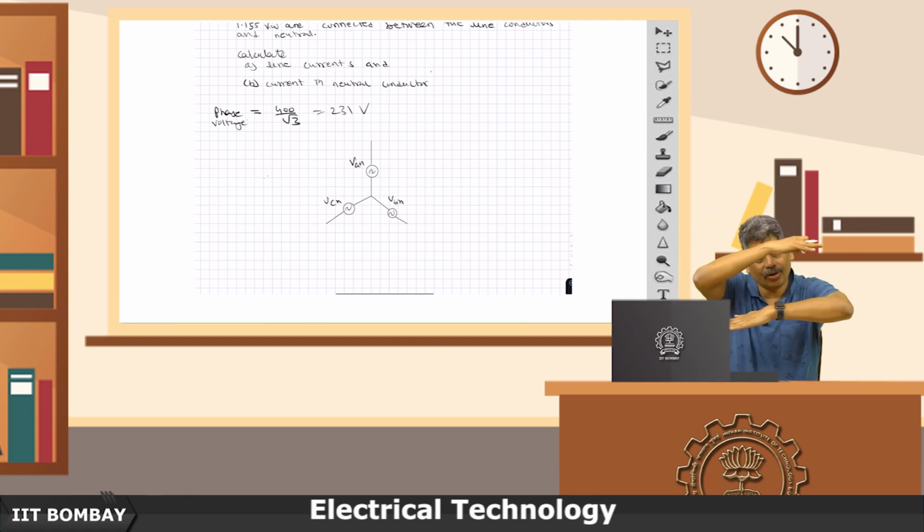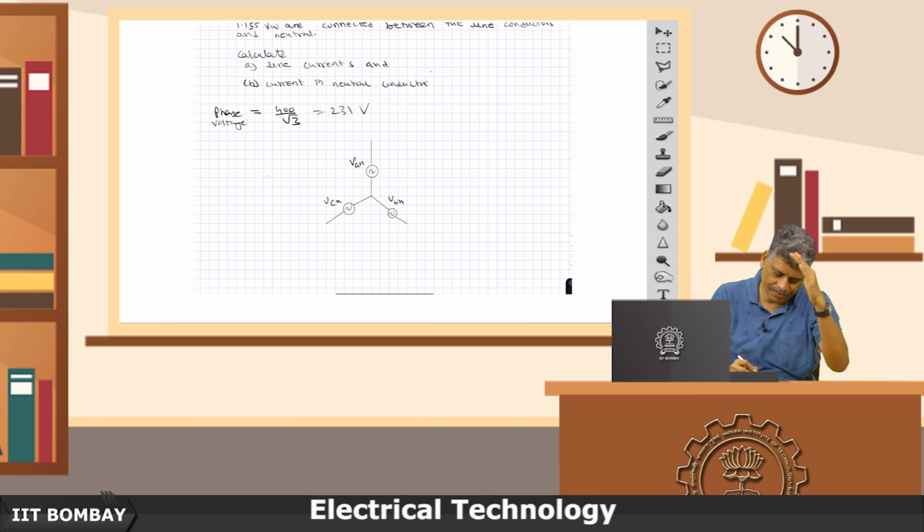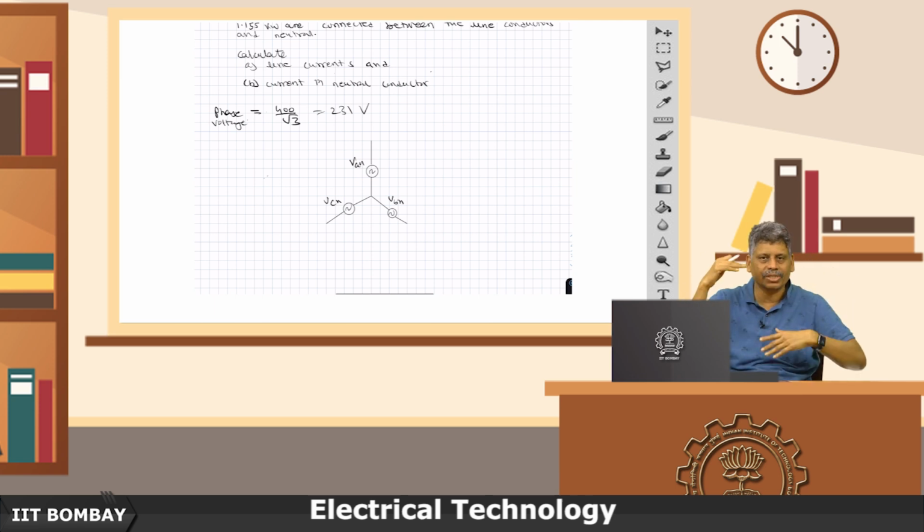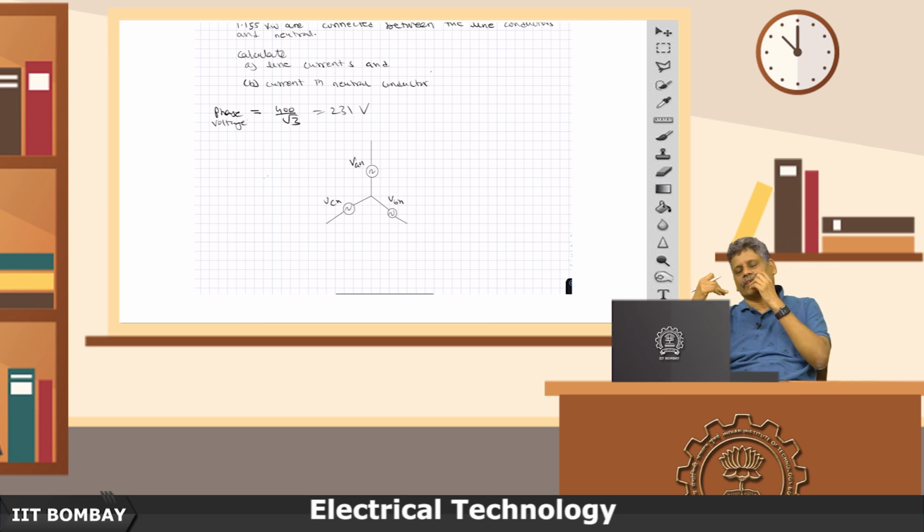So, even if I draw three horizontal lines and write this supply, but say they are balanced 3 phase supply, you should still take V_BN as V_AN at an angle of minus 120 degree and V_CN as V_AN leading by an angle of 120 degree.